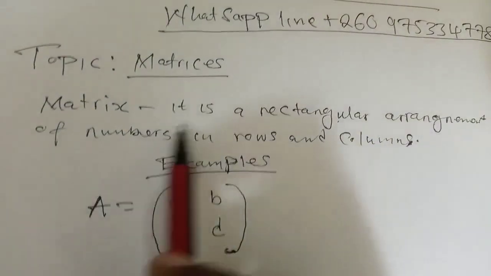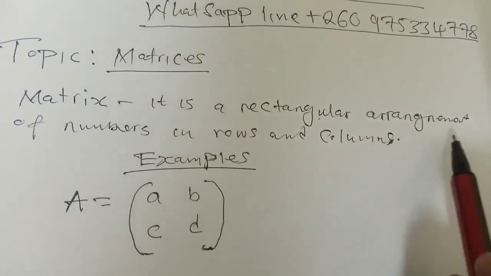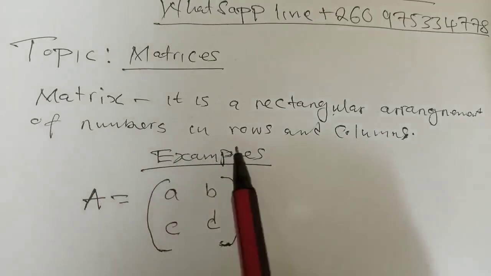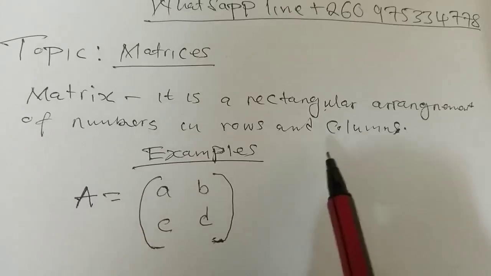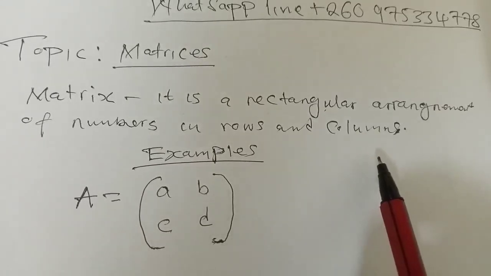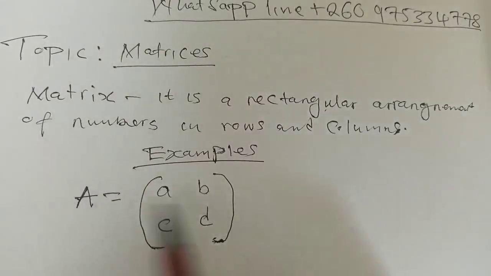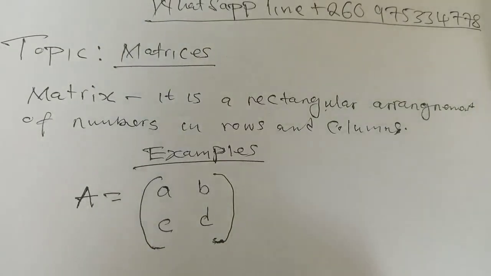We said that a matrix is a rectangular arrangement of numbers in rows and columns. Now you need to know which ones are rows and which ones are columns.